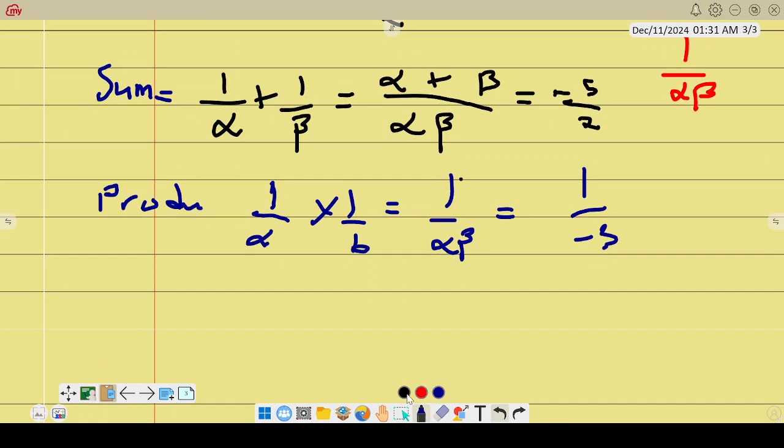So the equation of the new roots is x squared minus the sum times x, plus the constant term, 1 over negative 3.